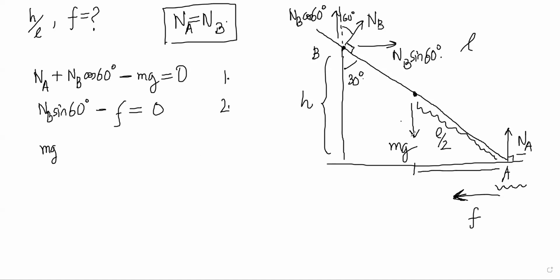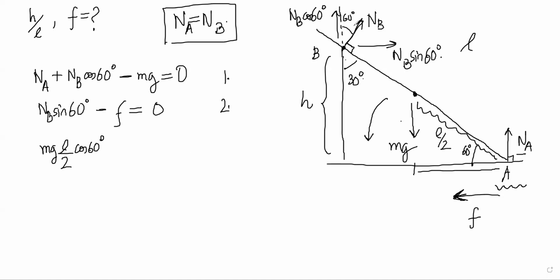This is the perpendicular distance from the line of action of the force to this point. So that will be basically, if this angle is 30, this is 60. So it is L by 2 cos 60. So you will have mg into L by 2 cos 60. This torque is an anti-clockwise torque.